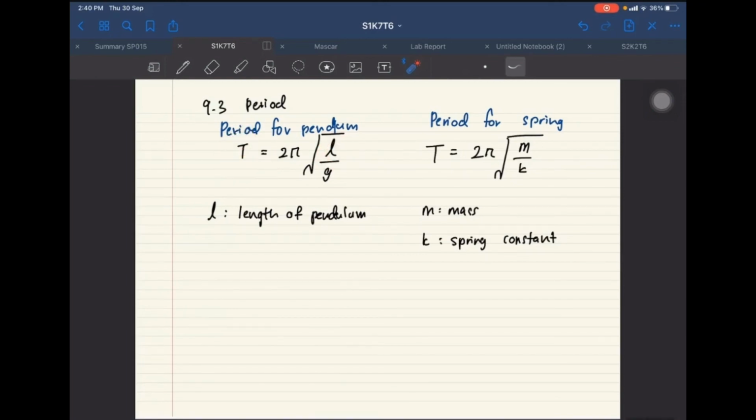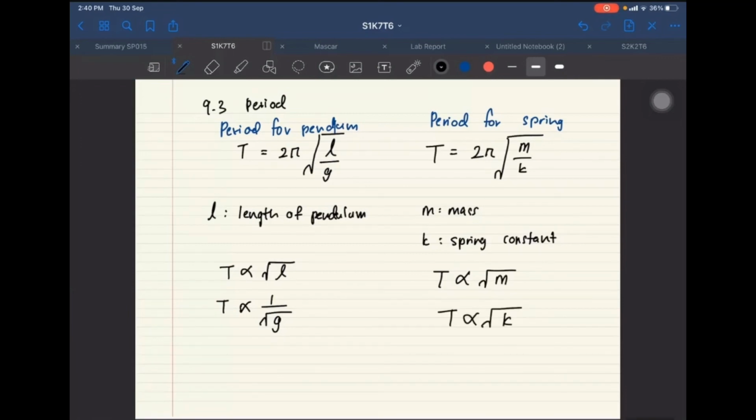So to make things interesting, biasanya lah dia akan tanya relationship. Okay, contohnya macam ni, period T is directly proportional to the square root of L, and it is inversely proportional to the square root of g. Over here, T is directly proportional to the mass, ataupun T is directly proportional to the K. Okay, sorry, 1 over K.